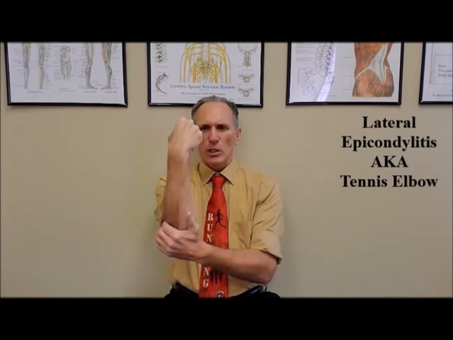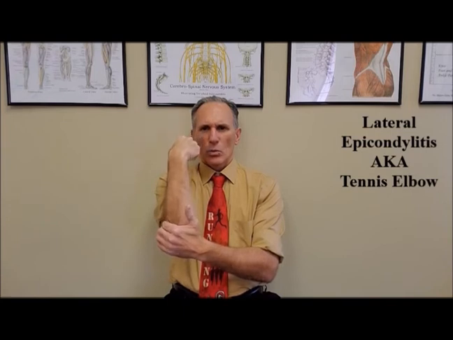And then you hold that pressure and you come back to the starting position. Once you've reached the starting position, then you slide a little bit more distal on the muscle, keeping pressure on that point. Again, the starting position is the elbow flexed, the forearm is supinated, and the wrist is flexed.